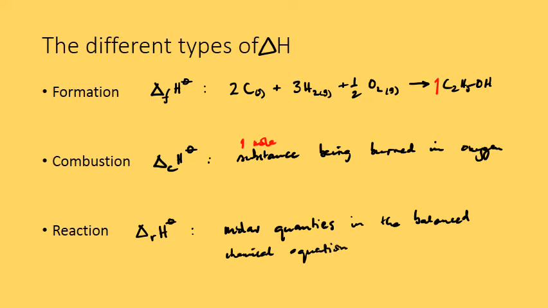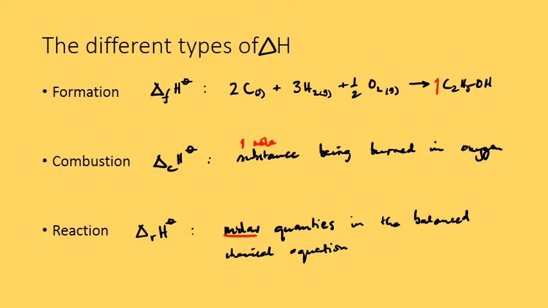Okay, so I'm going to tell you how to remember this. If in an exam you're asked to write down the definition of one of these enthalpy changes, then it can be a 3-mark question, and the first mark is going to be for saying something about how much you're making or using.